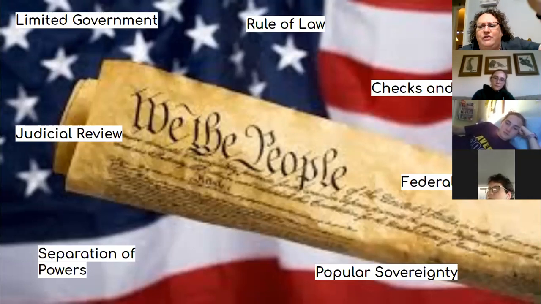Do you get all of those things we think about in the 4th, 5th, 6th, and 7th Amendments? All of that. Checks and balances, federalism, popular sovereignty. Remember, popular sovereignty is us voting, us having a say. Separation of powers, and then judicial review. And judicial review is part of that separation, or really part of checks and balances.